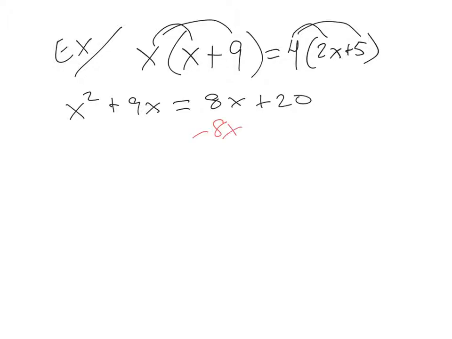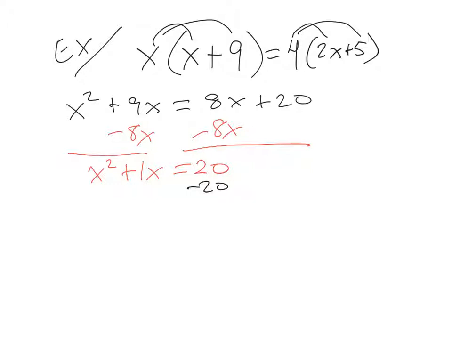So minus 8x, minus 8x. Let's do this. And you're going to get x squared plus 1x equals 20. All right. And now is that standard form yet? No. So we subtract 20. The only thing you have to understand is that your goal is to get one of these sides equal to what? 0.